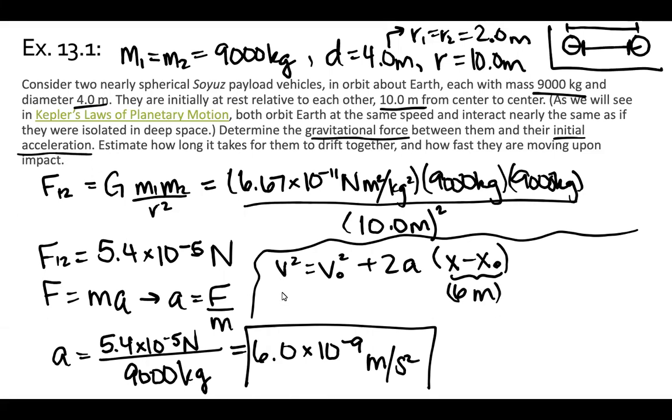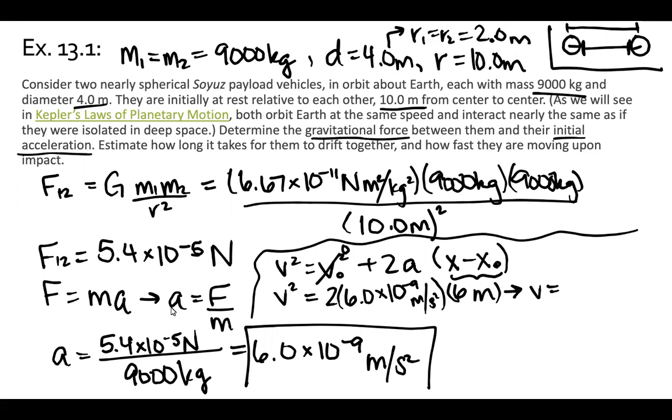Then we know that these were initially at rest relative to each other, so V naught is 0. And we're trying to find the velocity. Our acceleration we just solved for, 6.0 times 10 to the negative 9th meters per second squared.